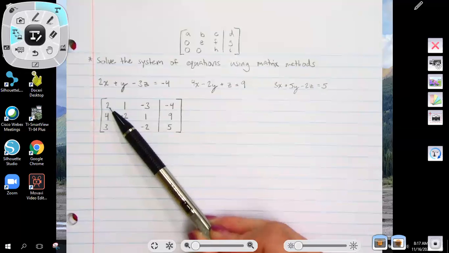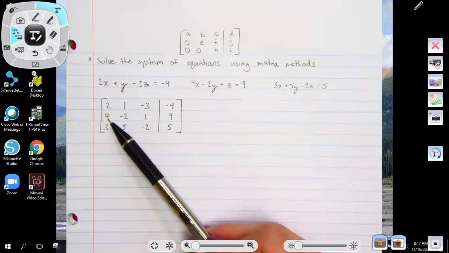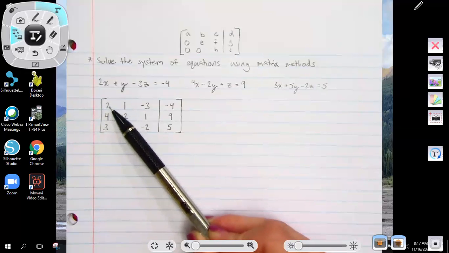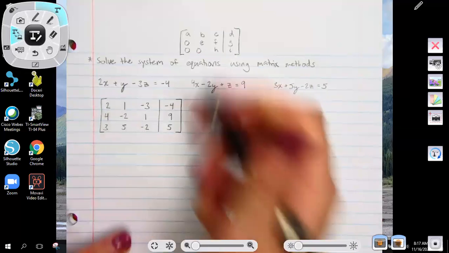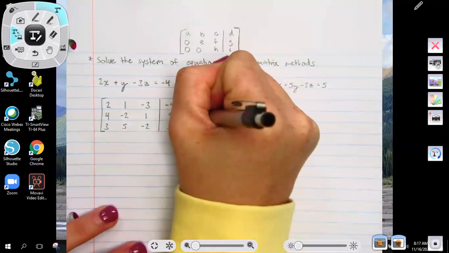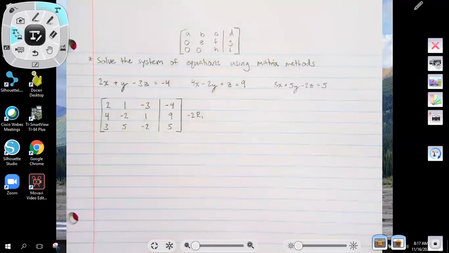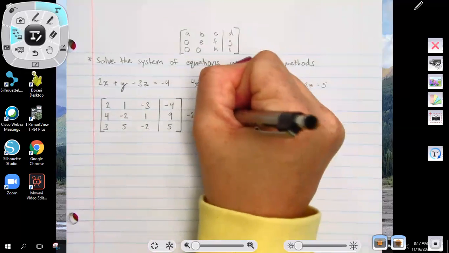We need that number to cancel out with this positive 4, so we need it to become a negative 4. To get this positive 2 to become a negative 4, we would multiply by negative 2. So we're going to take negative 2 and multiply it by row 1, and then add that to row 2.